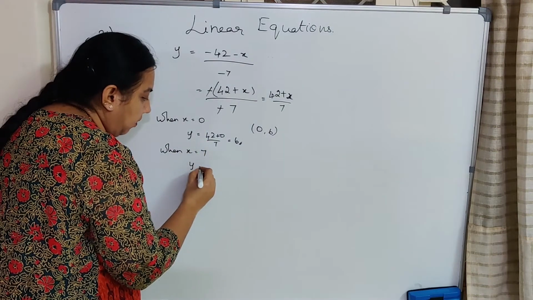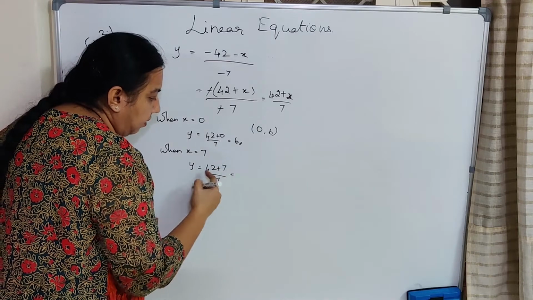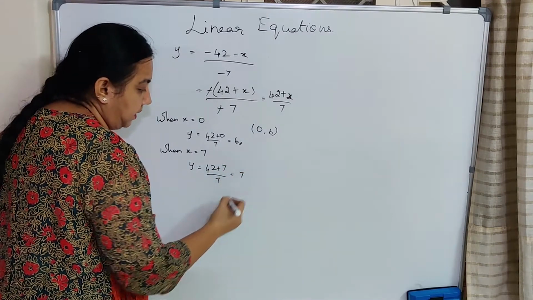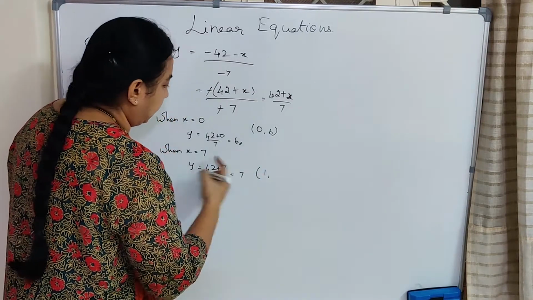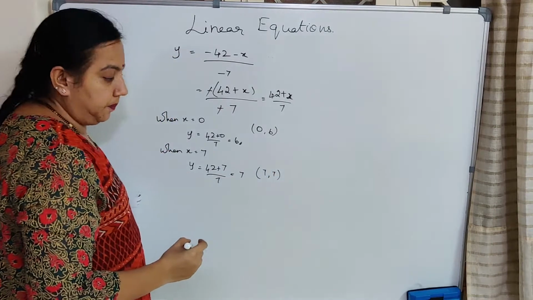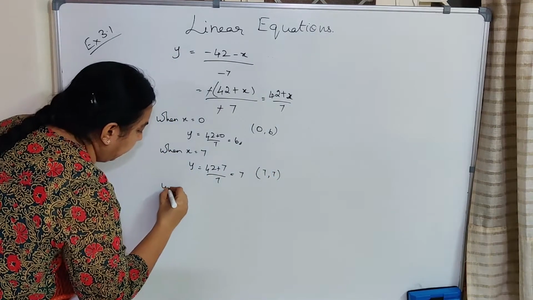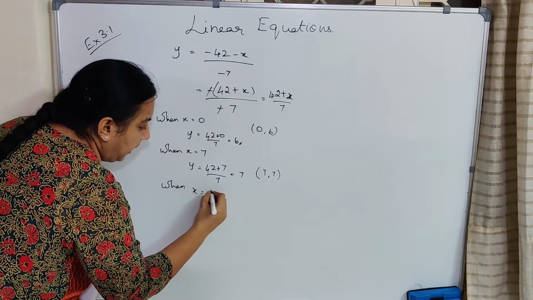Okay, y is equal to 42 plus 7 by 7, that is 49 by 7, and so it becomes 7. So the second point is 7 comma 7: x's value is 7 and y's value is also 7. Then I consider the next point. I said I am going to consider a minus number also, right? So minus 7.